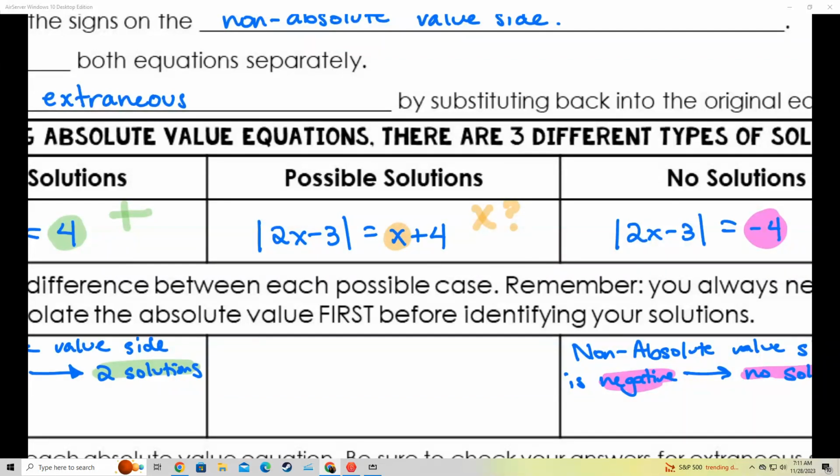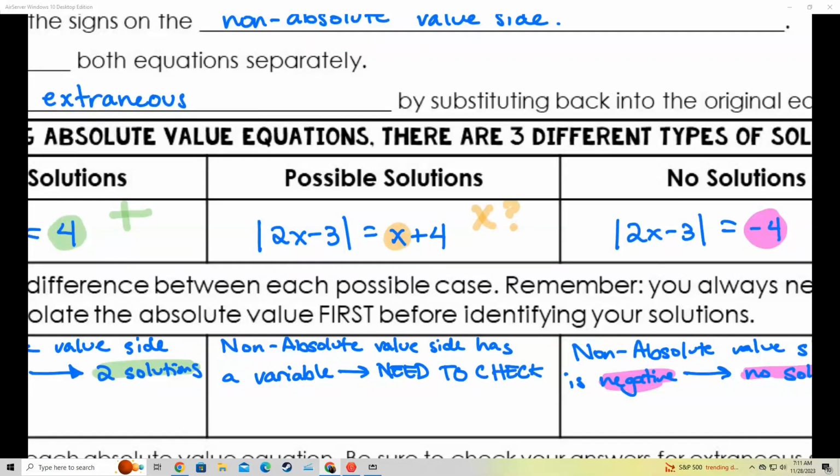So in this case, when the non-absolute value side has a variable, then here we need to check for extraneous solutions.